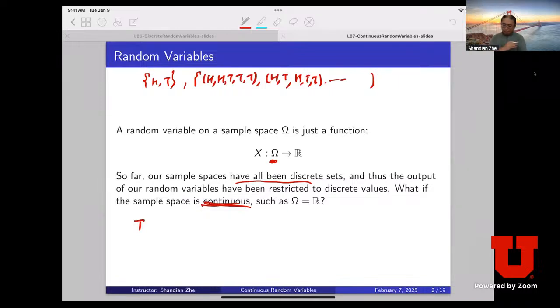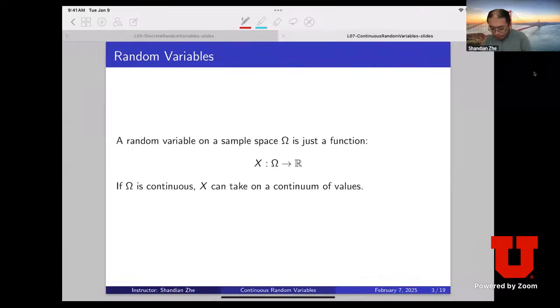Okay. So if the sample space omega is continuous, then we can use more advanced tools to analyze the random variable. Remember, a random variable is a function, right? It maps from some domain omega, where omega here is the sample space, to a real space, right?